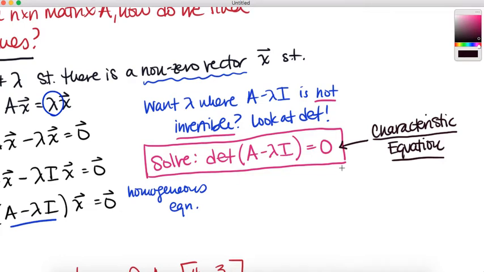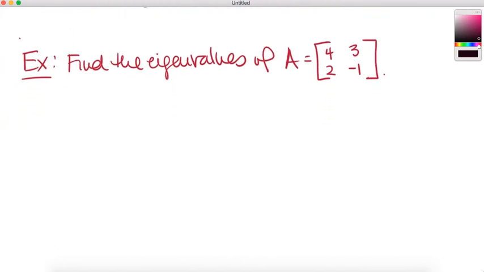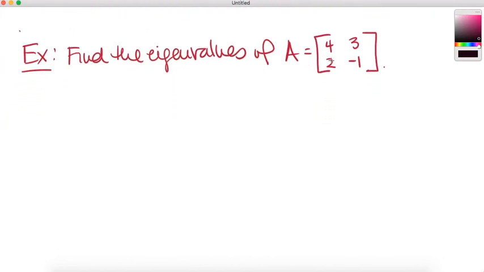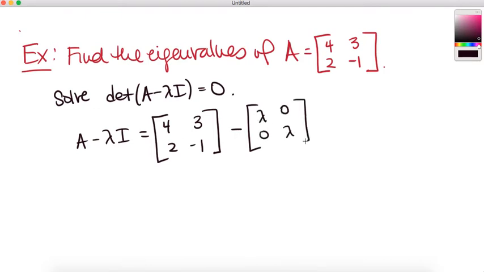Okay, let's look at this with a concrete problem. Find the eigenvalues of this matrix A. We are going to solve the determinant of A minus lambda I equal to 0. First we need to find A minus lambda I, which is our matrix A minus the identity matrix multiplied by lambda, so that's lambdas all along the diagonal.